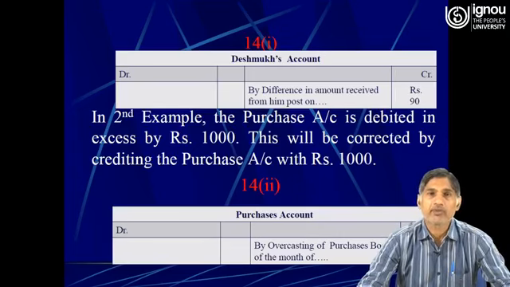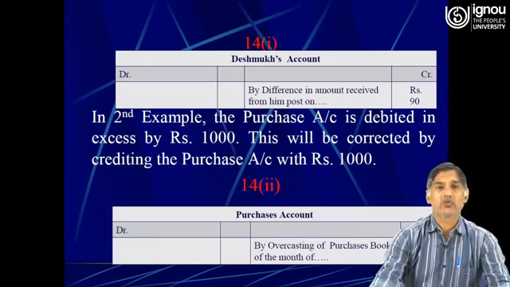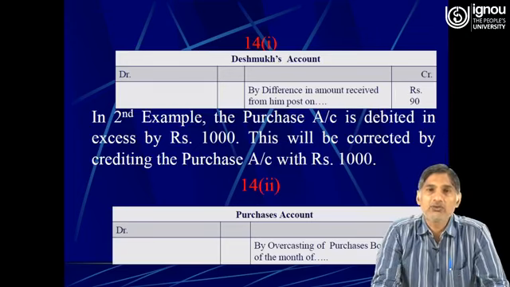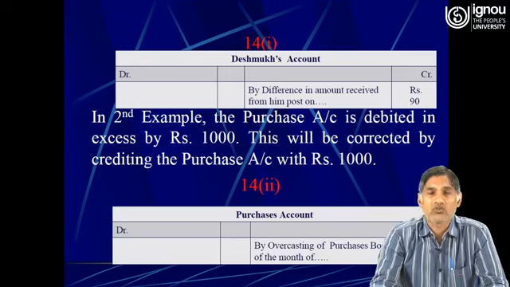So here purchase account is debited in excess by rupees 1000. So in order to neutralize the effect, because purchase account has been debited in excess by rupees 1000, this will be corrected by crediting the purchase account with rupees 1000.